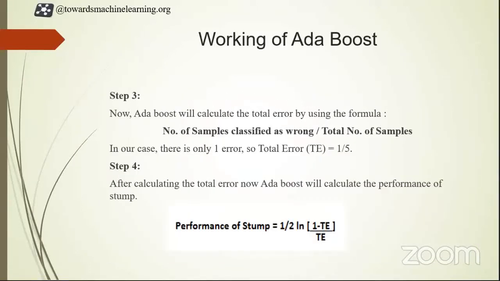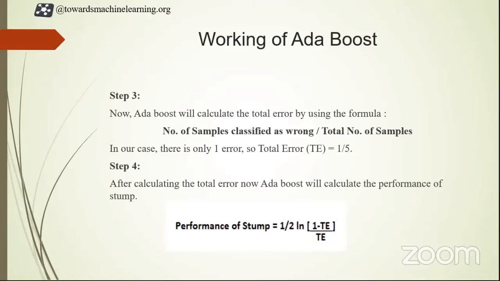Now in step 4, we will be calculating the performance of the stump based on this total error. The performance of the stump is calculated with the formula 1 by 2 log to the base e of (1 minus total error) upon total error. This way we can calculate the performance of the stump.